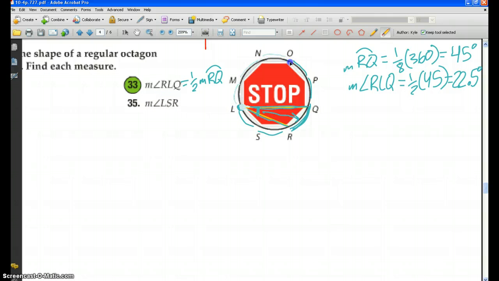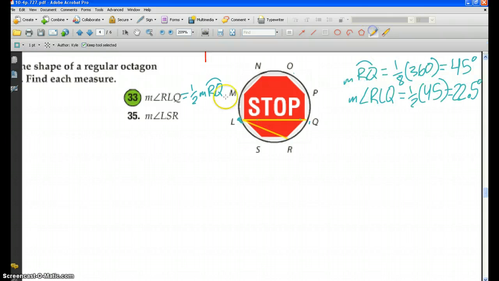For number 35, find the measure of angle LSR. All right, let's clean up some of this. So LSR would be this angle right here. We want to use the same concept. This is equal to half of its intercepted arc. So from here all the way around to here, we can name that a lot of different names.